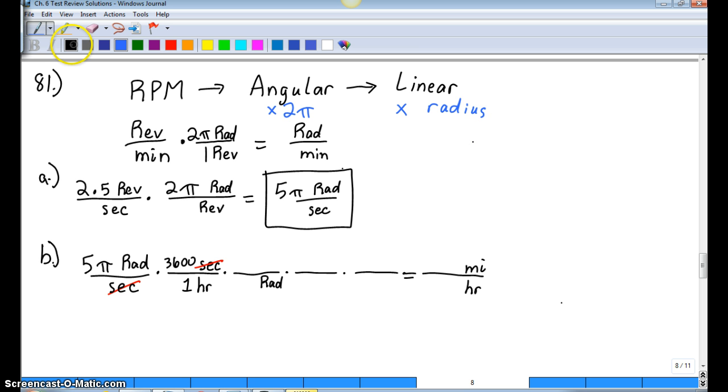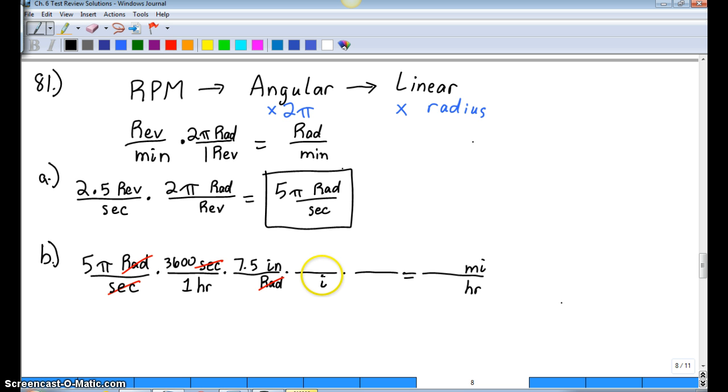Well, that's where we're at in this step. Our radius in inches. If you look at the problem, they give you 15-inch diameter. That gives us 7.5-inch radius. But if you notice, our units, inches per radian. Well, remember, 1 radian is the length of 1 radius. So, radii cancel. We now have inches per hour.